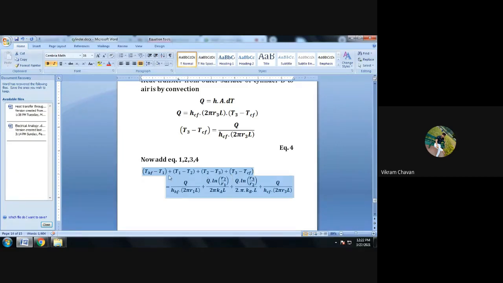So only plus T_HF and minus T_CF remain on the left hand side.